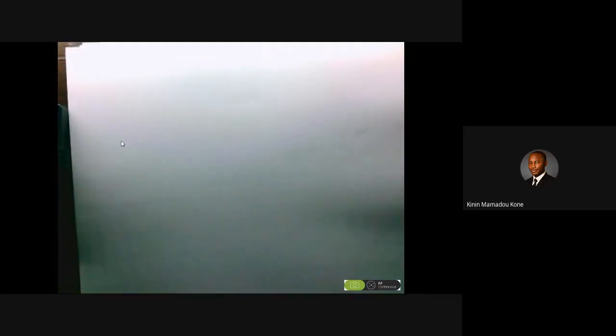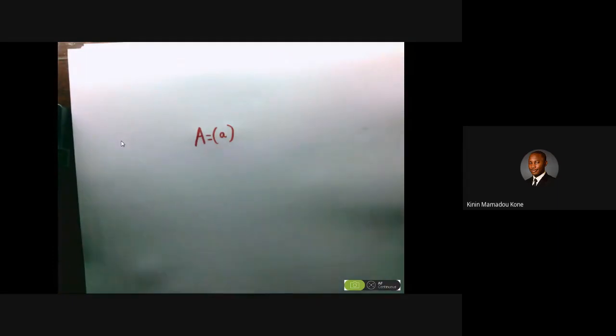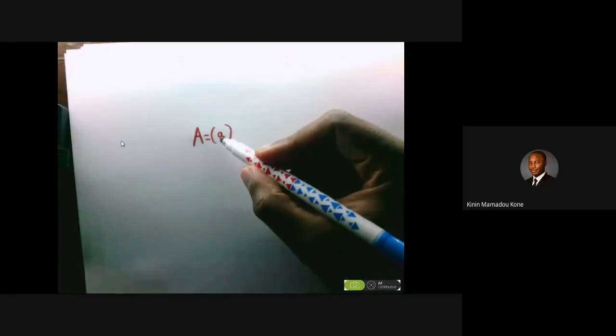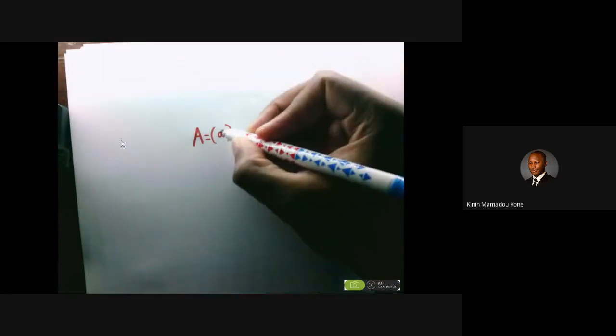So if we look at the first case, you have a matrix A, which is a one by one matrix. Now, this is like our regular type of values. In order for this matrix to be invertible, meaning that if you want to find the inverse of this one, here we are in a one-dimensional space.